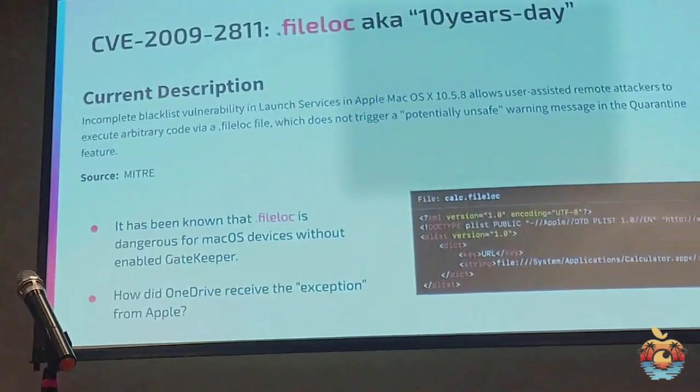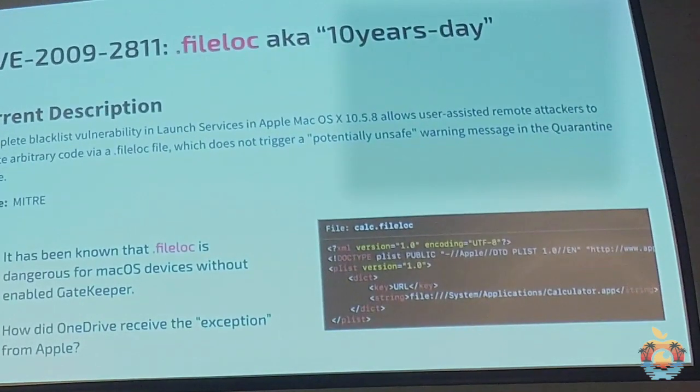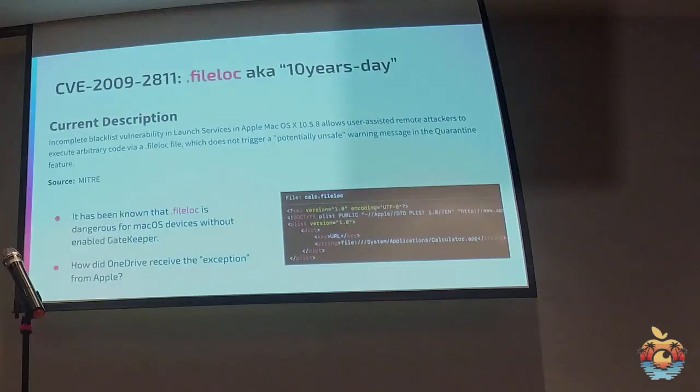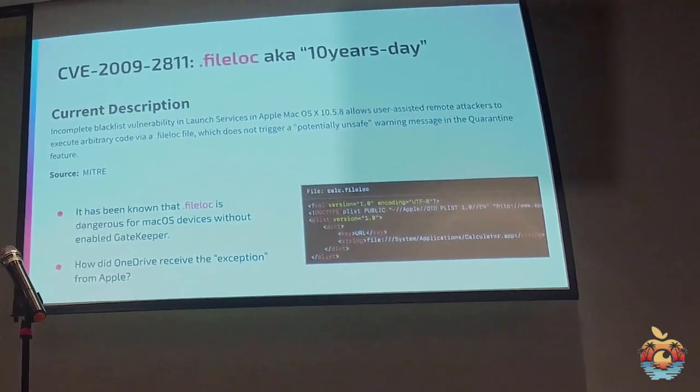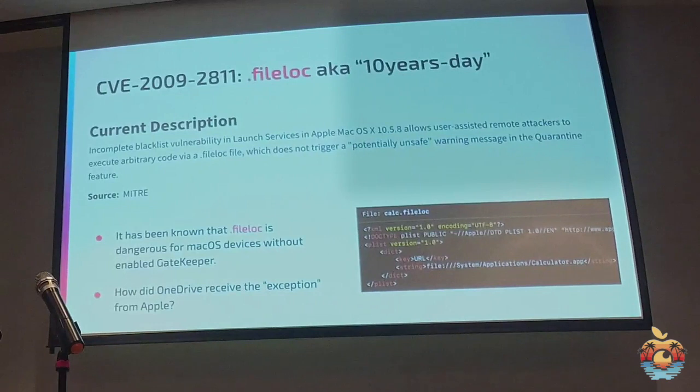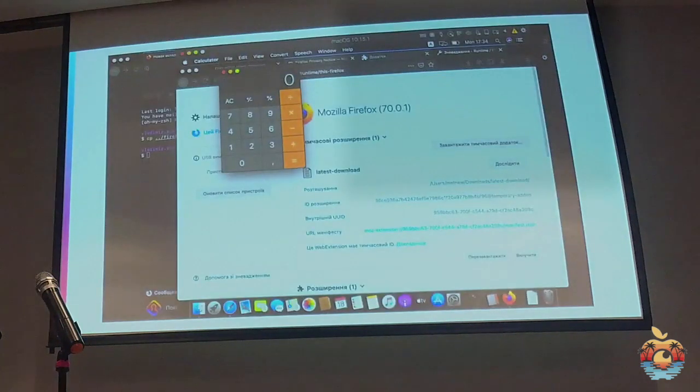The question is, at one point in time there was a working fileloc exploit, and on the other side, Apple's head of macOS security decided to give an exception to OneDrive. That raises questions.